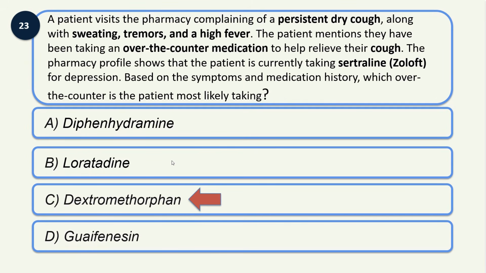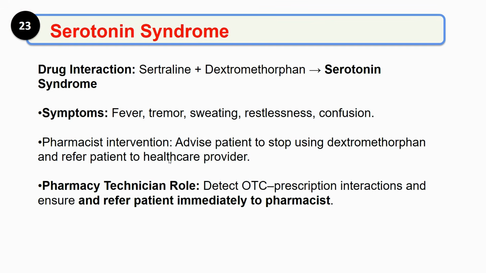Dextromethorphan is a cough medication used for dry cough, and when it is taken along with antidepressants such as SSRIs, MAO inhibitors, or tricyclic antidepressants, it can result in a condition called serotonin syndrome.